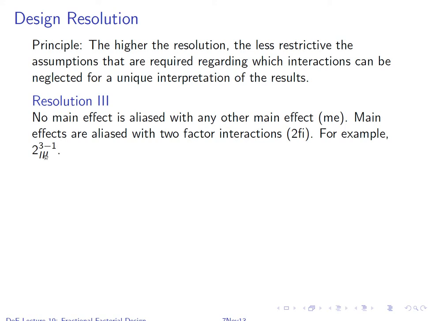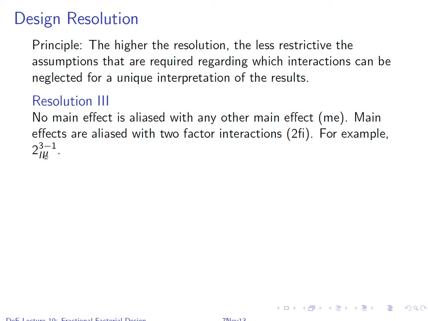In a resolution 3 design, no main effect is aliased with any other main effect. Okay, so we see that in the example that we just did, 3 factors, 1/2 resolution. In a resolution 3 design, it's also the case that main effects are aliased with two-factor interactions, which we saw.